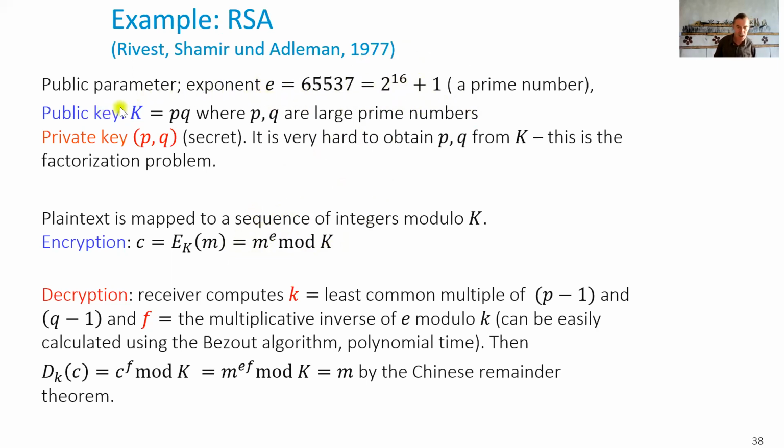The public key here and the private key are derived from two prime numbers. So the private key is a pair of two prime numbers. Of course, the prime numbers must be large, because if you choose a small prime number like 3, 5, or 7, then the attacker, using a brute force attack, trying all the possible keys, will break your cipher.